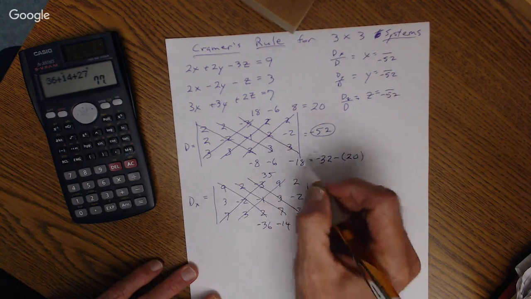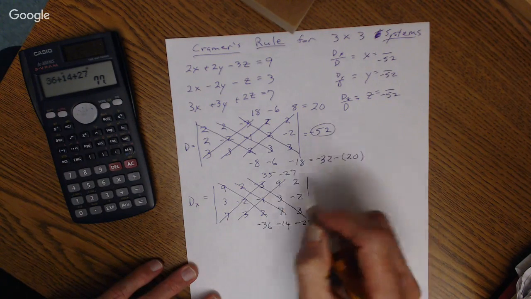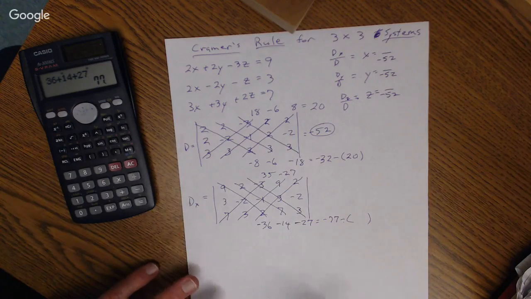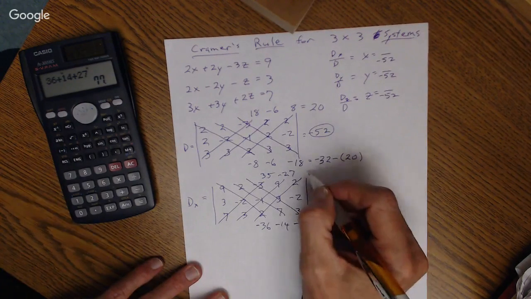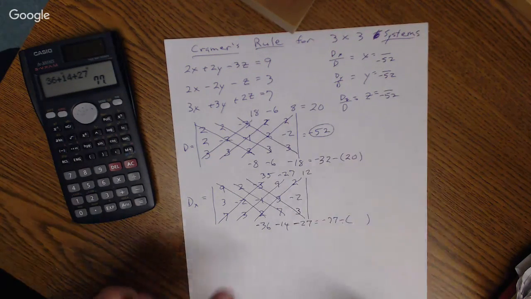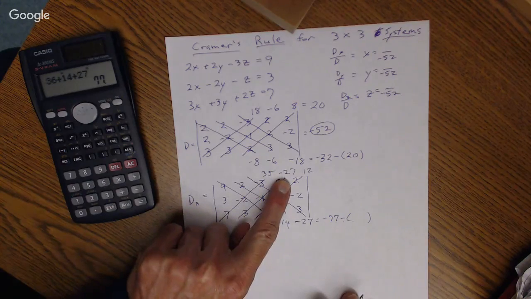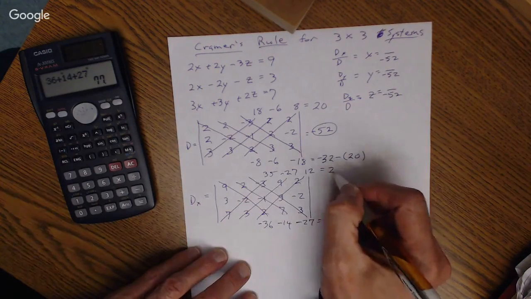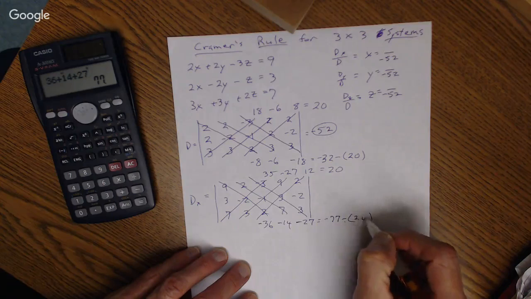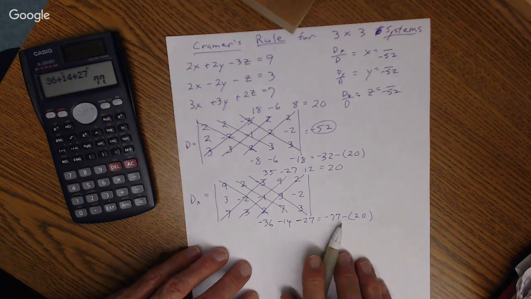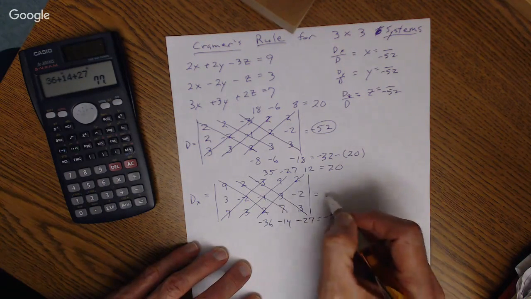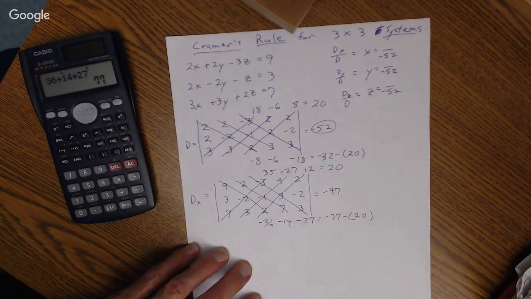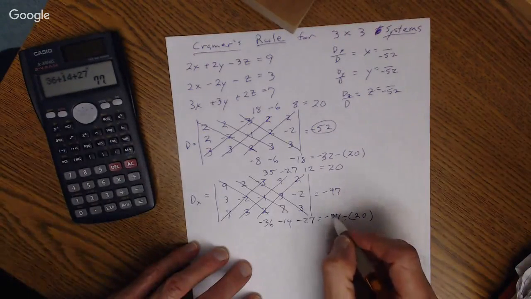This is going to be -27. And then the next up diagonal is going to be positive 12. So 35 and -27 is 8, and 12 is 20 again on top. So it's going to be -77, take away 20, that's -97, I think.